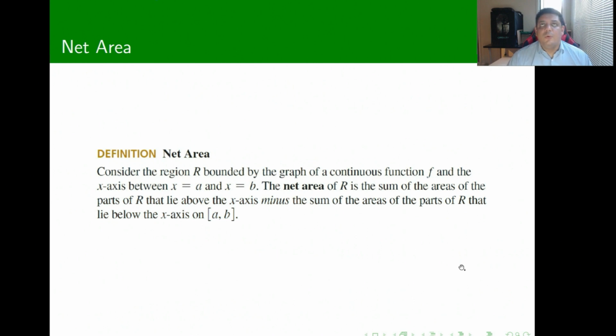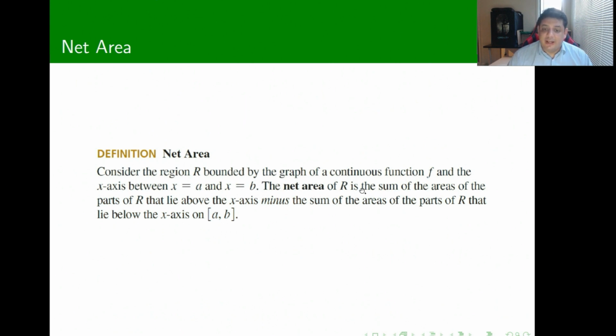Now, with that notion, we can talk about the concept of net area, which is essentially what you would think. If you have positive areas and negative areas, you're going to add all the positives and subtract all the negative areas. Okay, so the definition is: consider a region R that is bounded by the graph of a continuous function f, the x-axis, and the lines x equals a and x equals b.